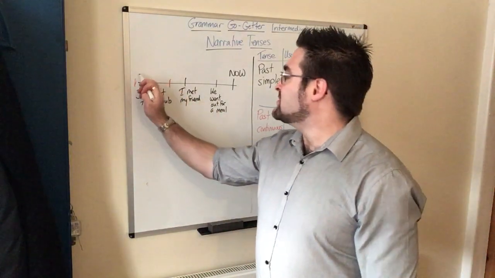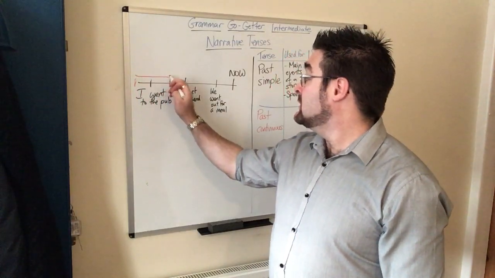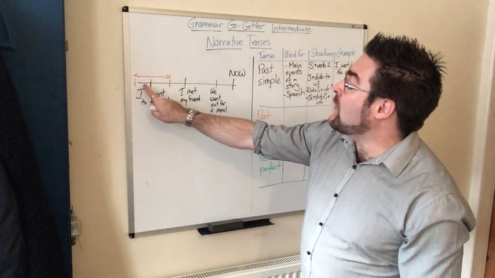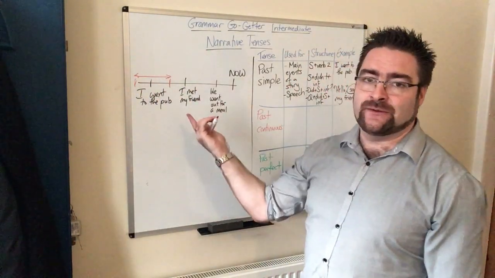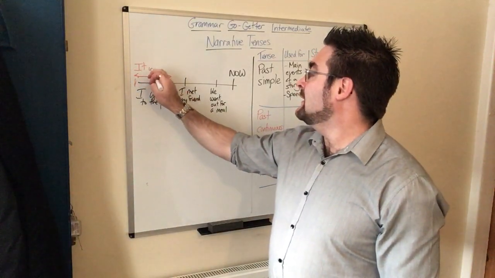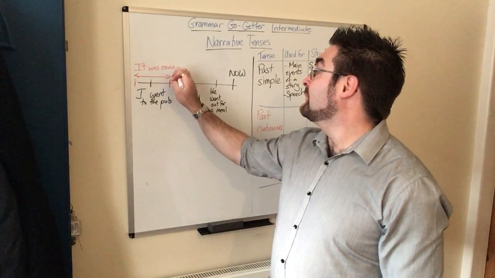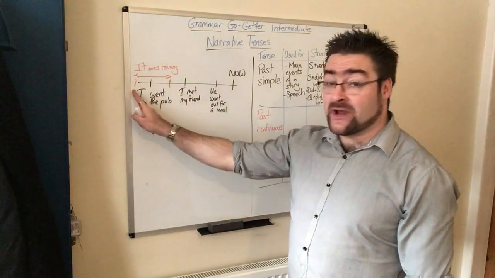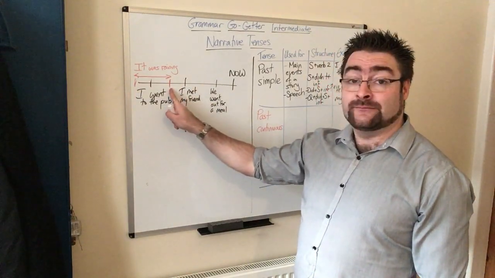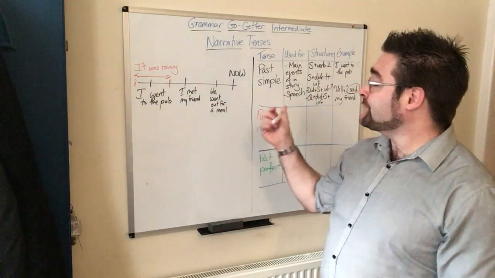So I want to talk about something that started before the past simple and went past it and continued. So, for example, I might say, it was raining. It started raining here. It finished raining here. Okay, so that will be your past continuous.